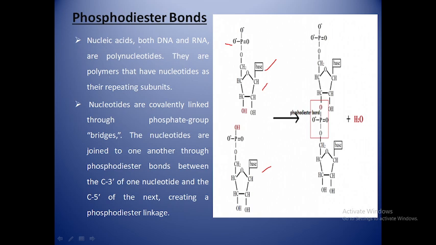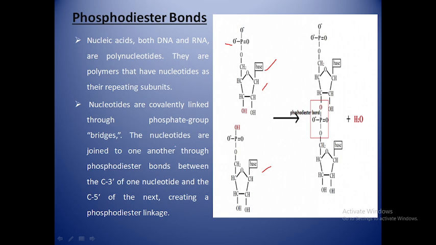Nucleic acids, both DNA and RNA, are polynucleotides. They are polymers that have nucleotides as their repeating subunits. Nucleotides are covalently linked through phosphate group bridges.